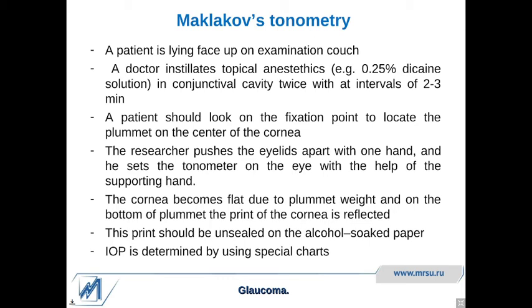The researcher pushes the eyelids apart with one hand and sets the tonometer on the eye with the help of the supporting hand. The cornea becomes flat due to plummet weight, and on the bottom of the plummet, the print of the cornea is reflected. This print should be imprinted on alcohol-moistened paper, and IOP is determined by using special charts.